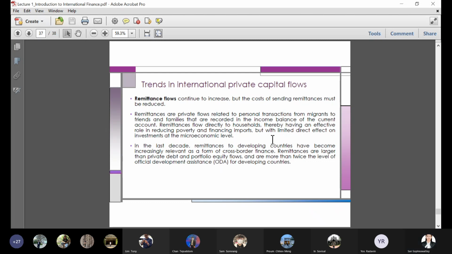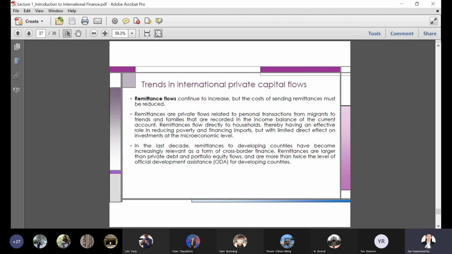So at least it's a source of income for the household in Cambodia, for the family to start a small business or to maintain their consumption, for example. So for developing countries, remittance plays an important role. It's even twice the level of the ODA, or official development assistance.